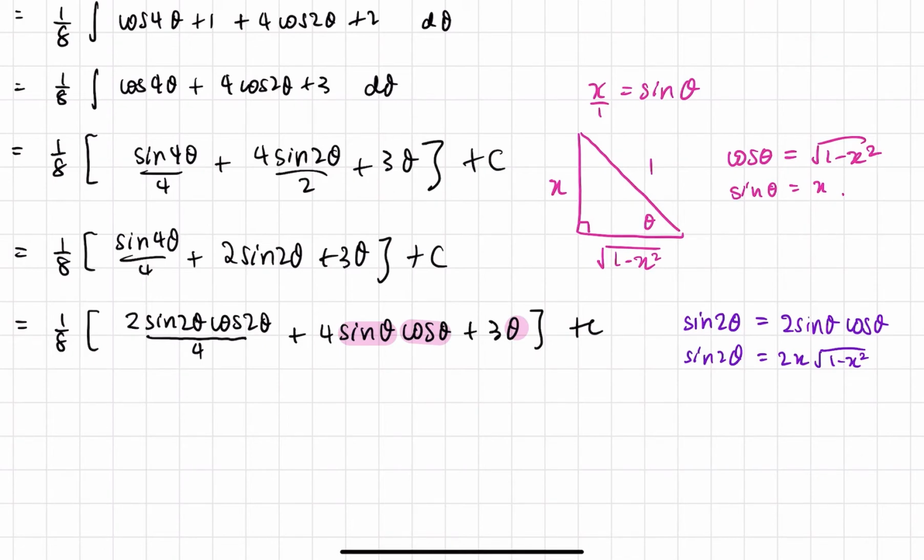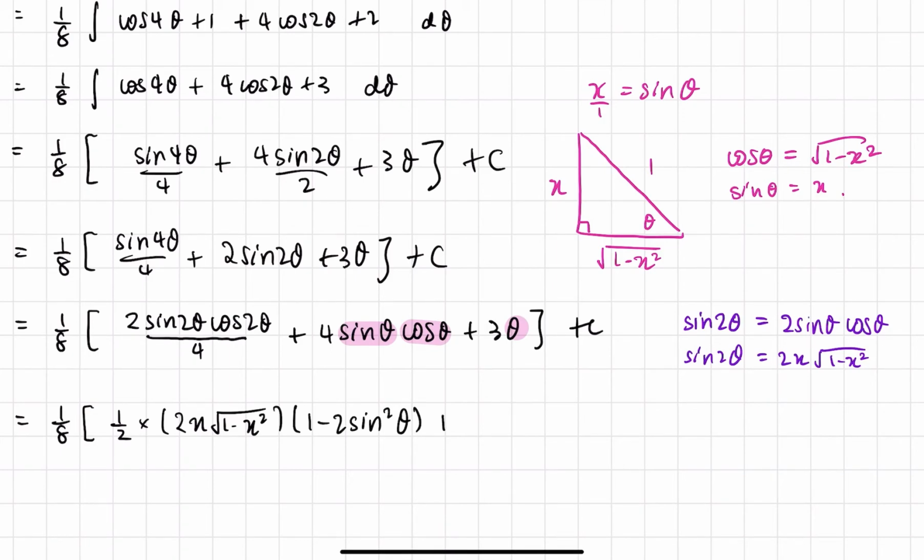So that's all we can do. I'm going to try to sub everything that we have so far. 1 over 8. This cancels out to become half. Sine 2 theta is 2x√(1 - x²). Cos 2 theta, let's just say that is 1 minus 2 sine squared theta.